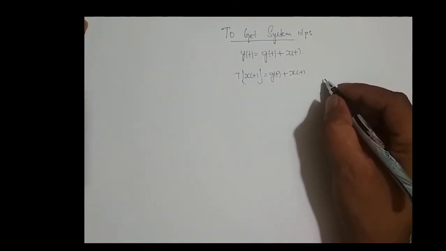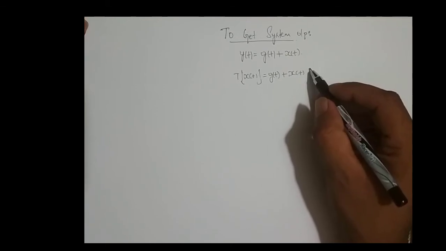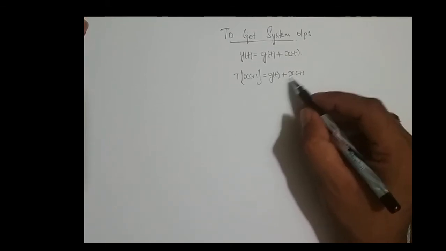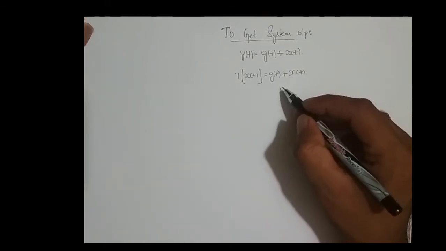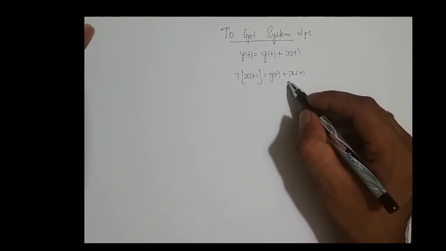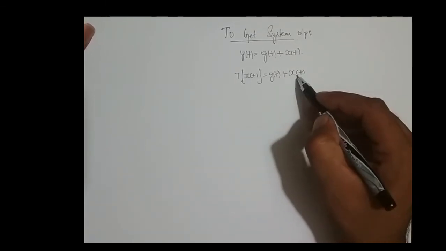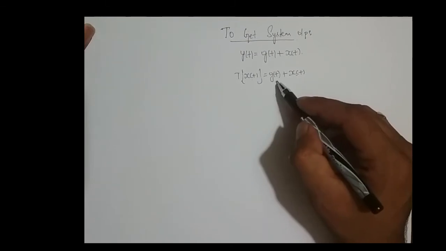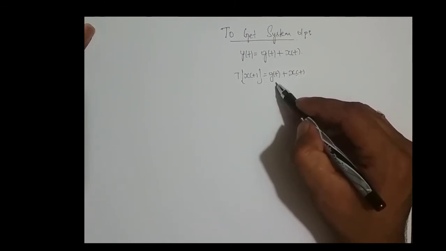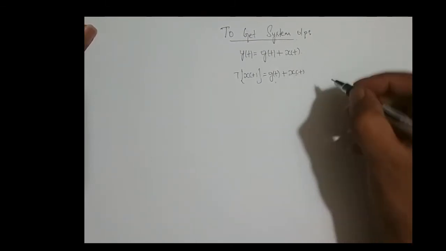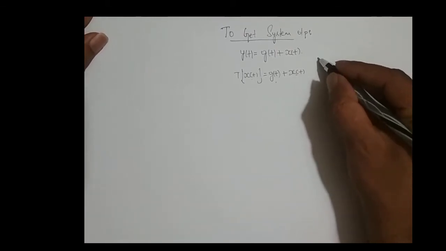In the previous example, we had x of t into g of t. Whatever the signal I feed, it was getting multiplied. Now it is getting added. If I feed a sine wave, it gets added with some arbitrary signal g of t, right? So let me just give an example.